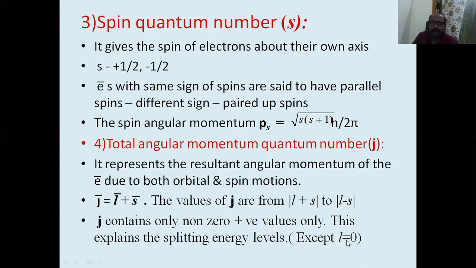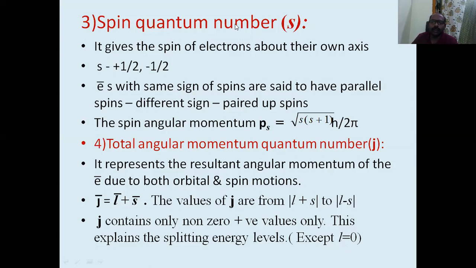Except for L equal to 0, in this equation we get only plus of J value, so in that case there is no splitting. That means the S level does not split in the presence of external fields, whether magnetic or electric fields.